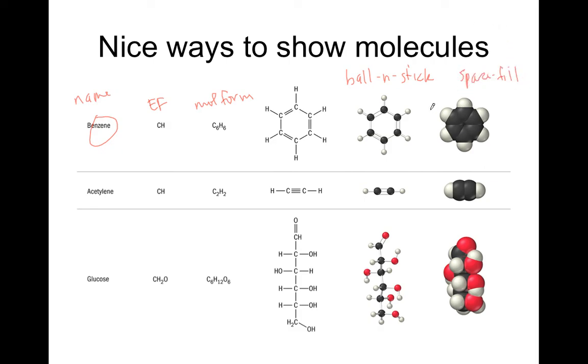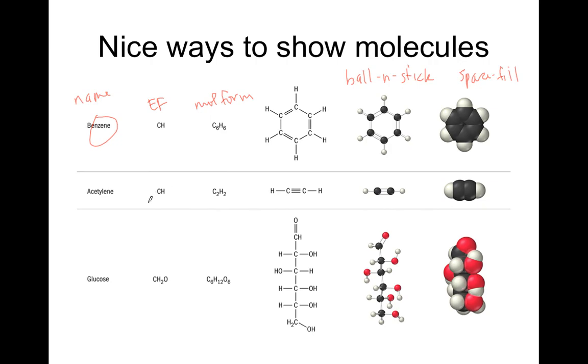The reason we do space filling is because these atoms really do have a lot of electrons around them, and so if we could consider the actual space that a benzene molecule takes up, it would look more like that, right? Of course, it's not going to be black and white because these atoms are smaller than color, but it would be more like that.